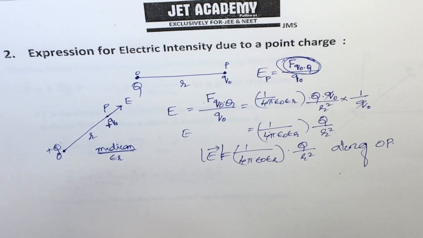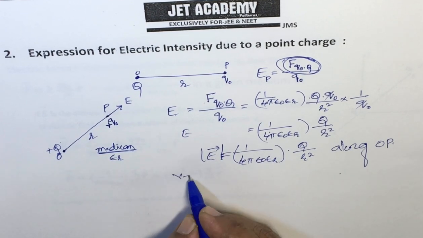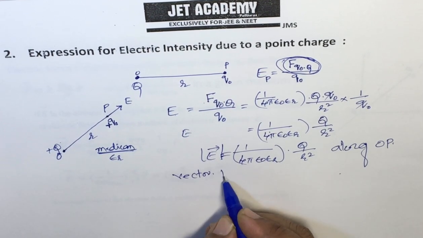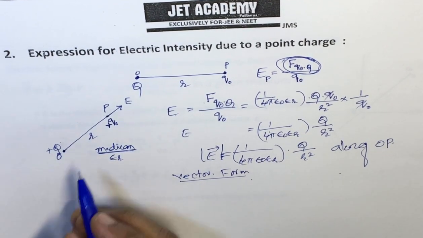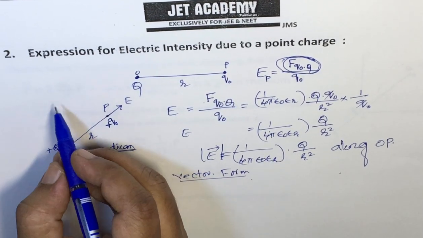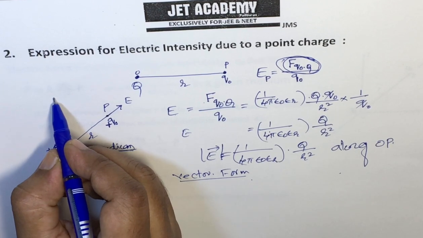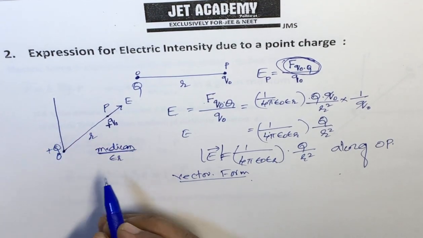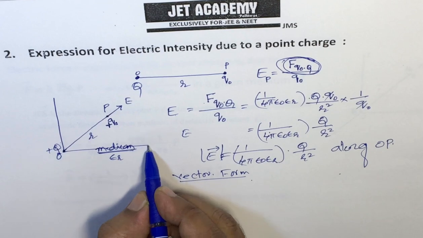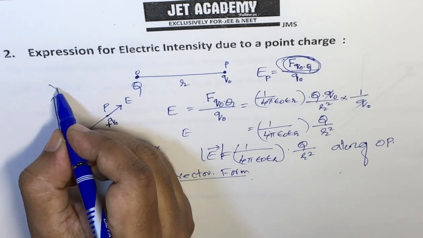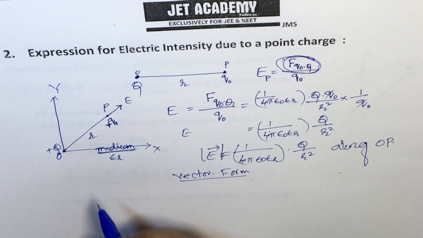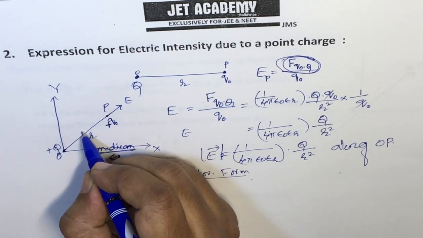Now in vector form, if I draw this in the two-dimensional coordinate, it becomes the x and y axes.